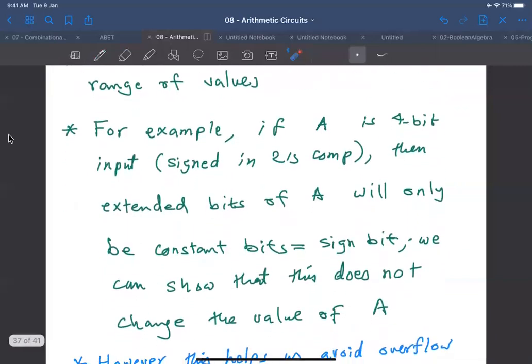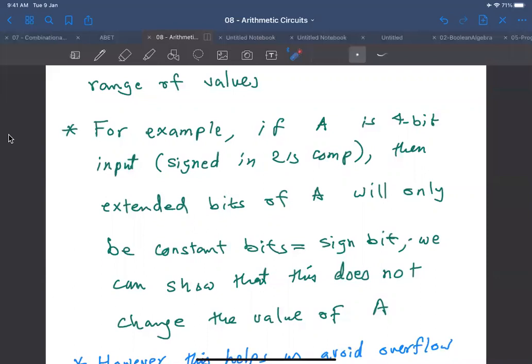So the range does not change for A. If you sign extend, you're just increasing the width of A, that's it. You're not increasing the range of A.